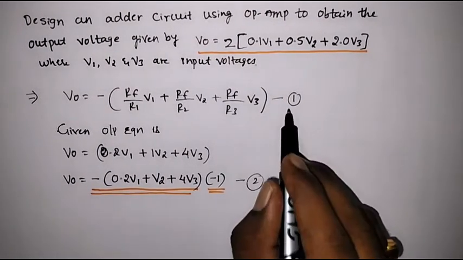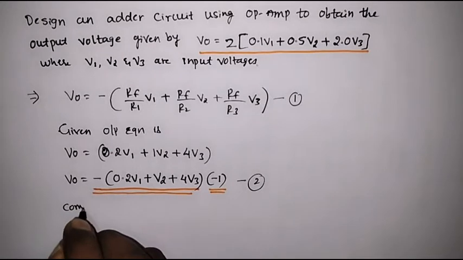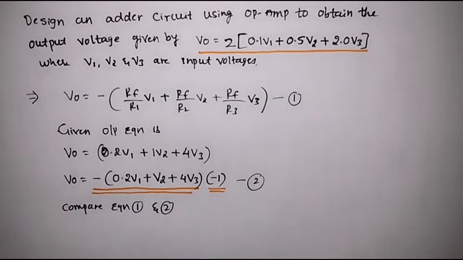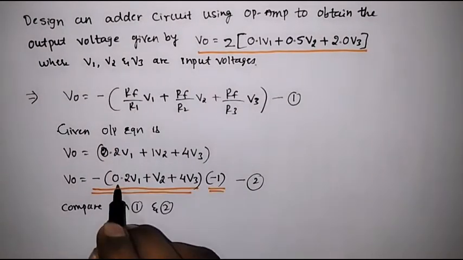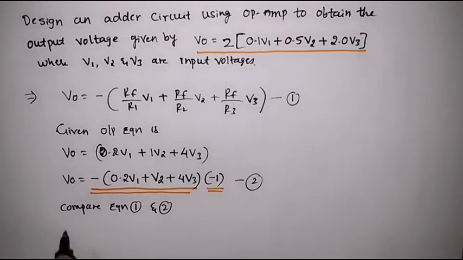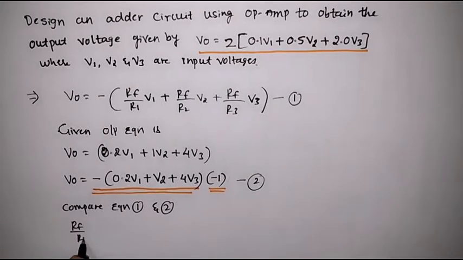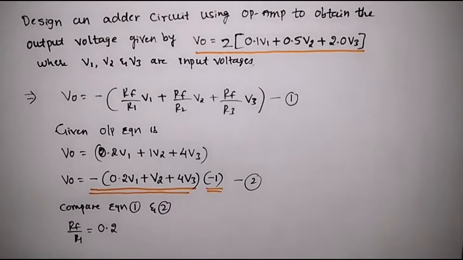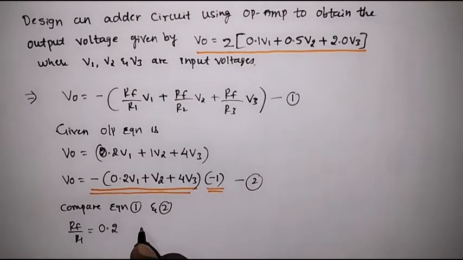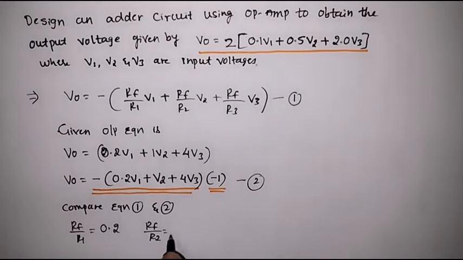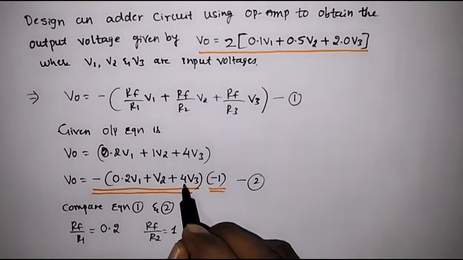Now comparing equation 1 with 2, I can write RF by R1 is equal to 0.2, similarly RF by R2 is equal to 1 and RF by R3 is equal to 4.